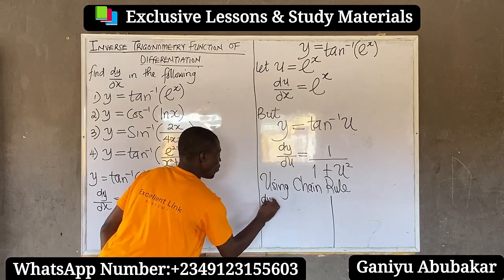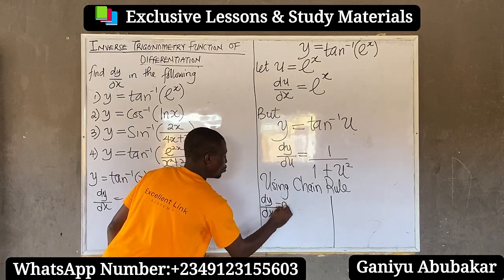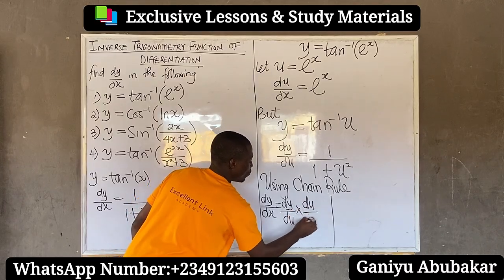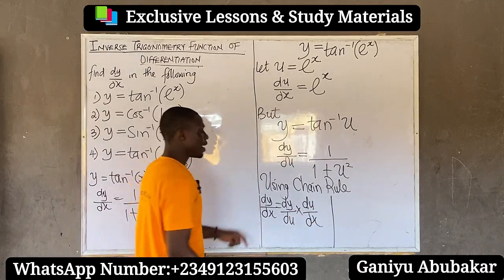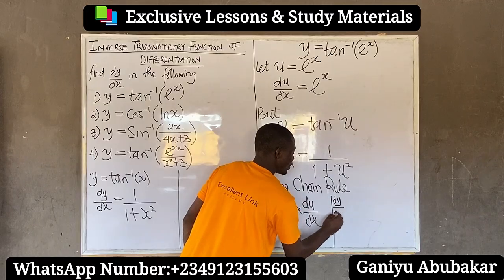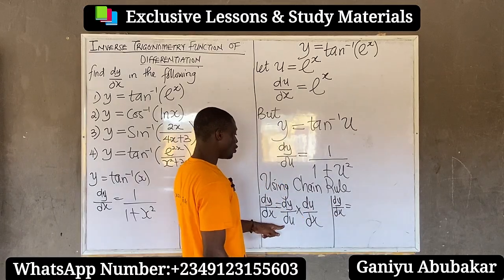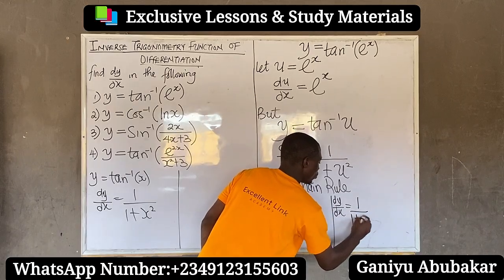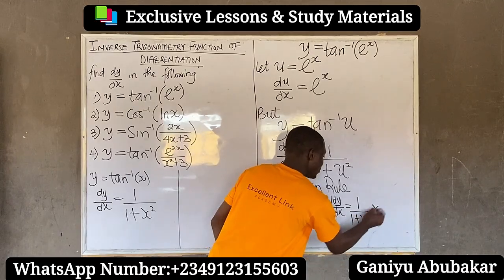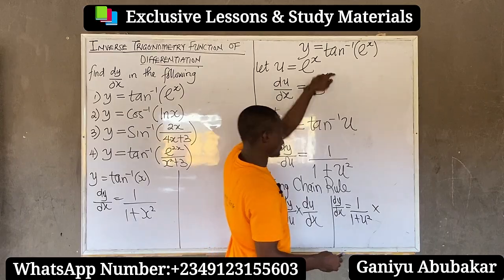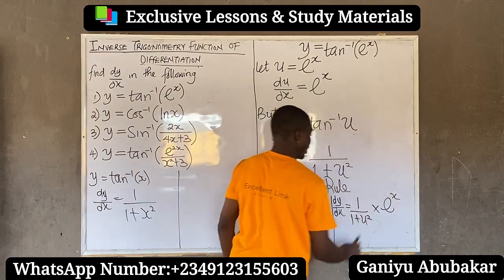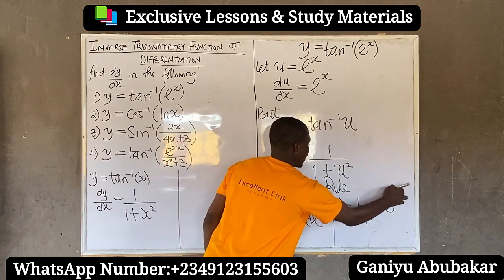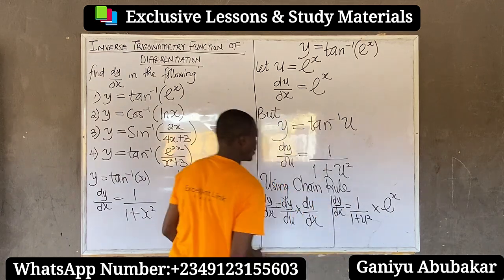We said that dy dx equals dy over du times du over dx. The dy du is 1 all over 1 plus u squared, times du dx, which is exponential x. That gives you exponential x.